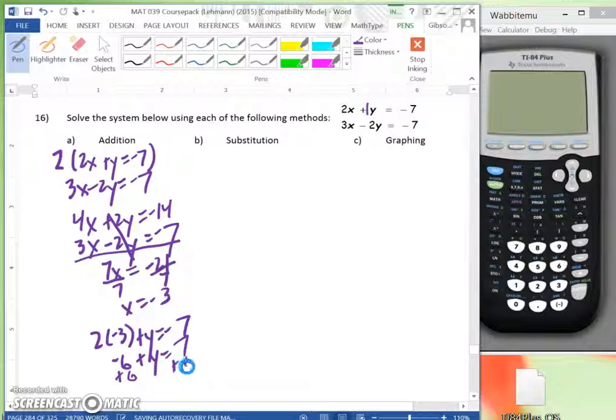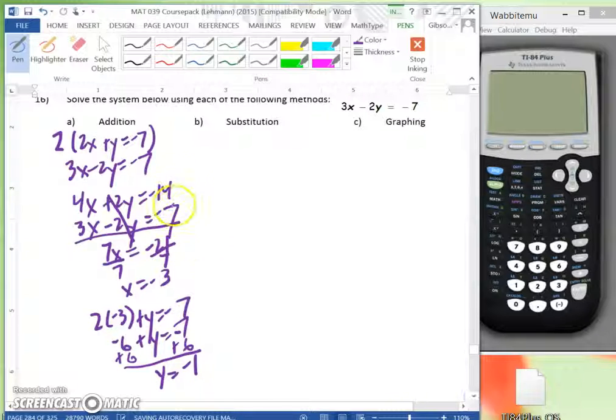We would add 6 on both sides, and y is equal to negative 1. So now we will write our ordered pair. Our ordered pair would be negative 3, negative 1. And that is our final answer.